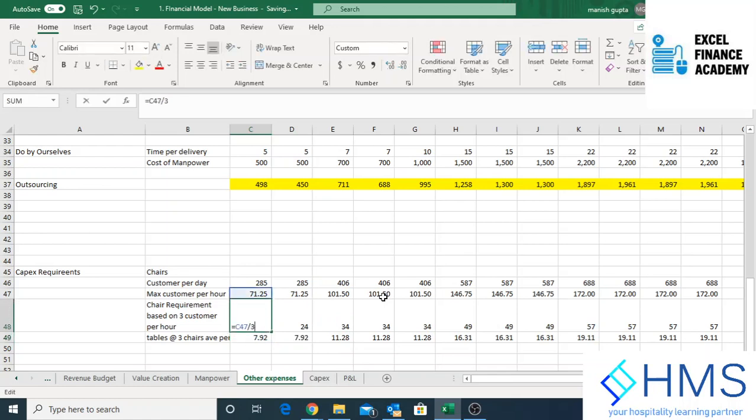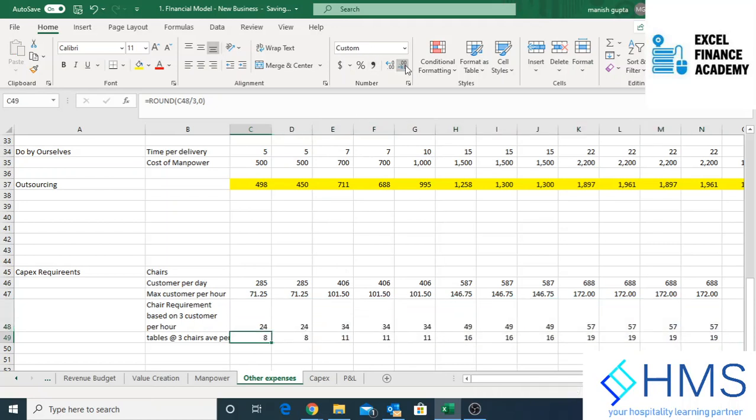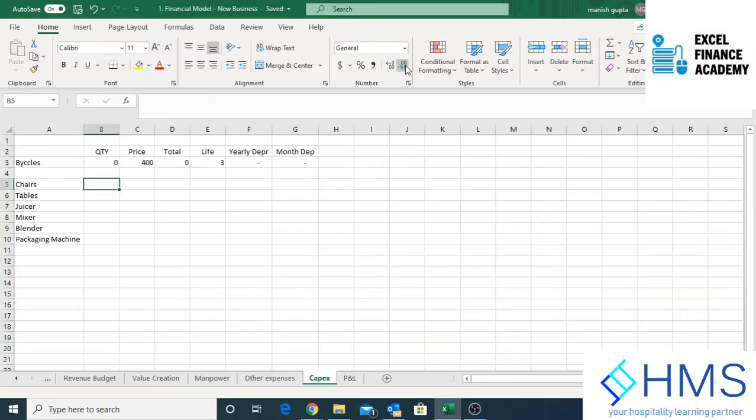So you can round this one, and round that one also. Now you know how many you need. You may have some breakages all the time, and some extra people, so let's round off. So now you need by end of year 60 chairs and 20 tables. So let's say, okay, this is my requirement: 60 chairs, 20 tables.